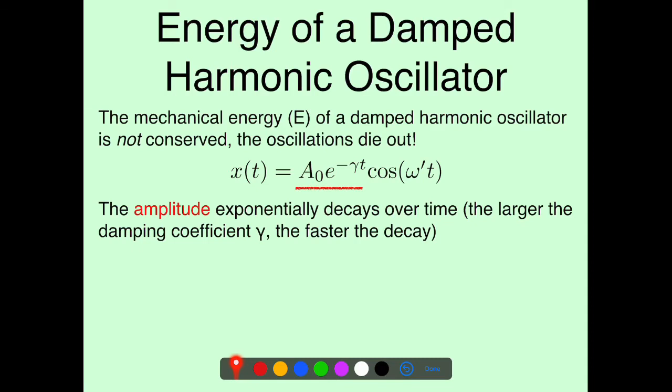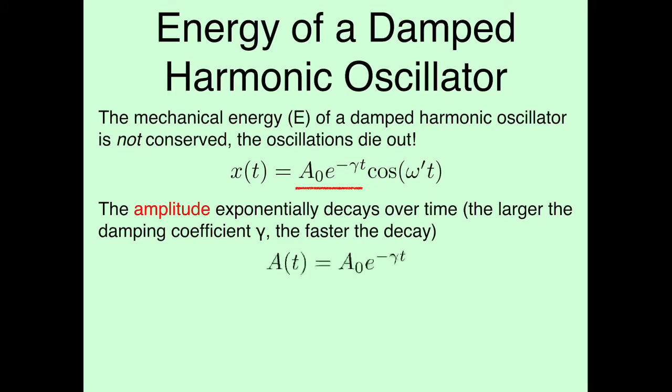And it's not just a constant amplitude, it's actually an exponentially decaying amplitude, as indicated by the exponential function multiplying a naught. Basically, the larger the value of gamma, the faster the amplitude is decaying. The smaller the value of gamma, the slower the amplitude will decay over time.